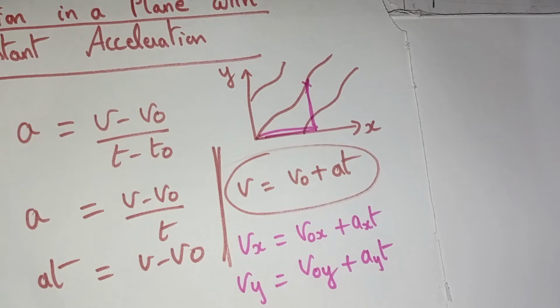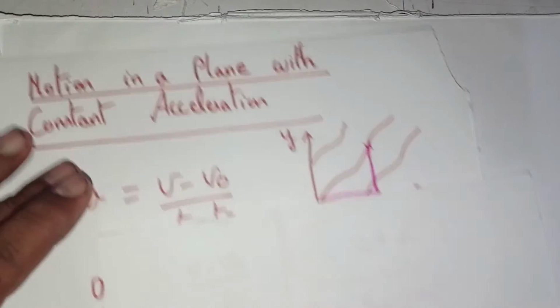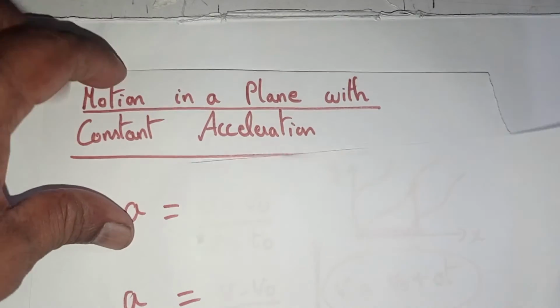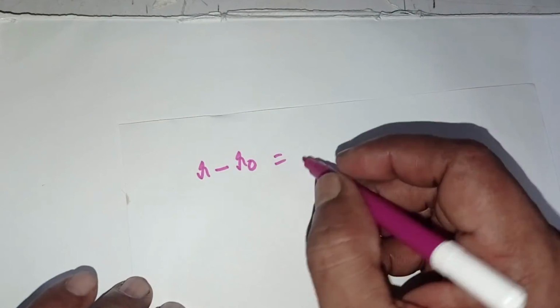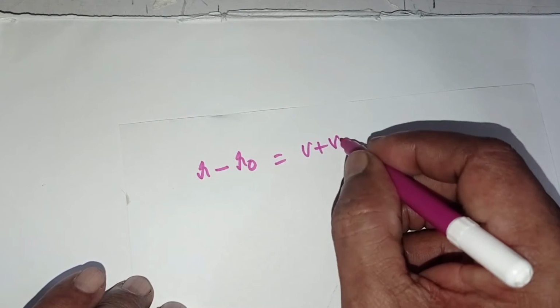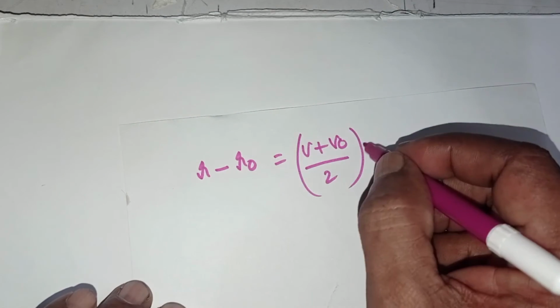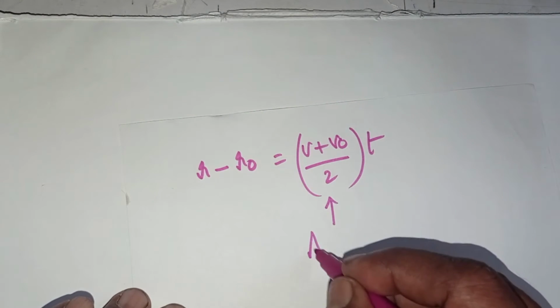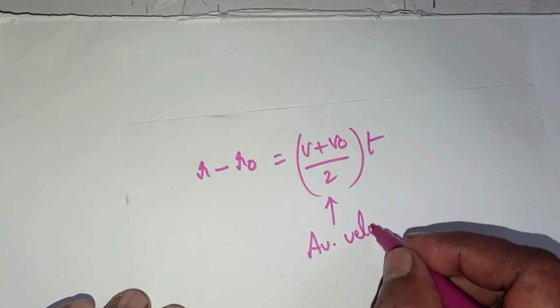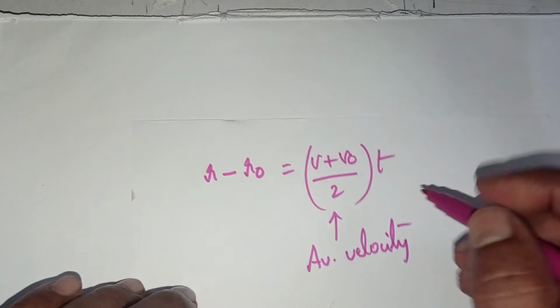Next, we have to see the distance, the displacement. So r minus r naught is equal to v plus v naught by 2 into t. So now this is displacement, and this is average velocity into time.